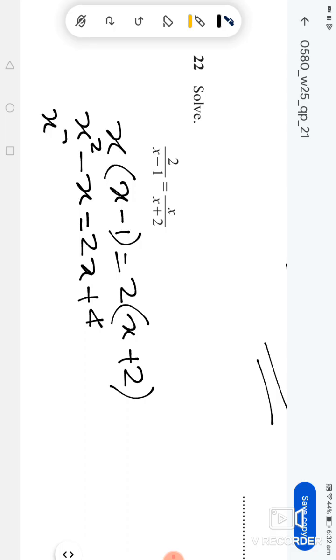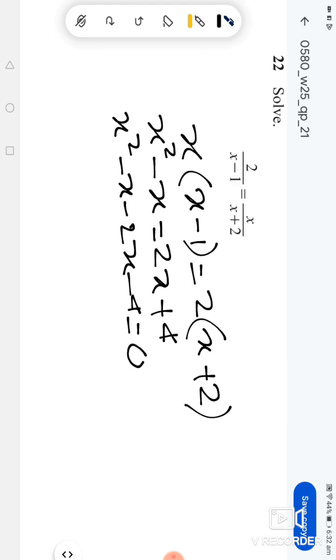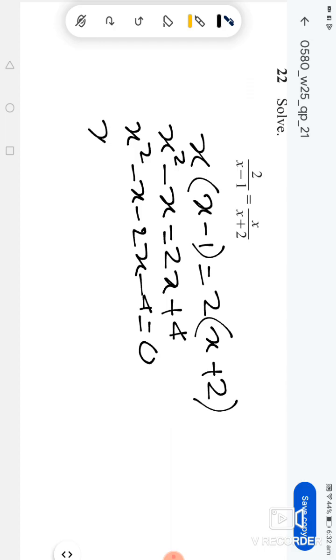So x square minus x minus 2x minus 4 equals 0. x square minus 3x minus 4 equals 0.